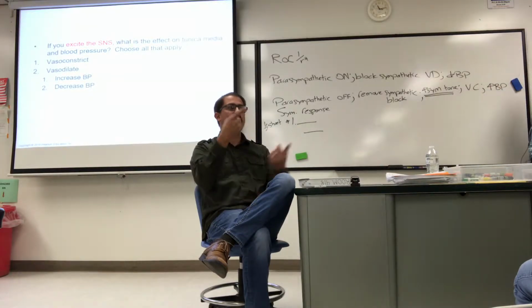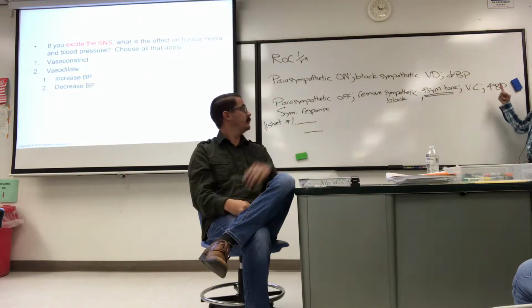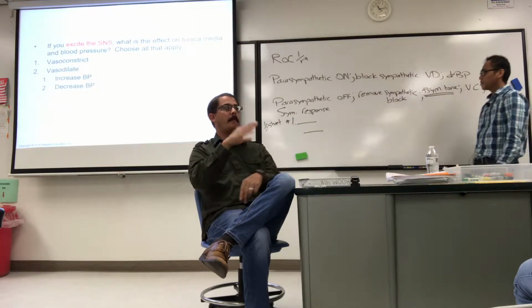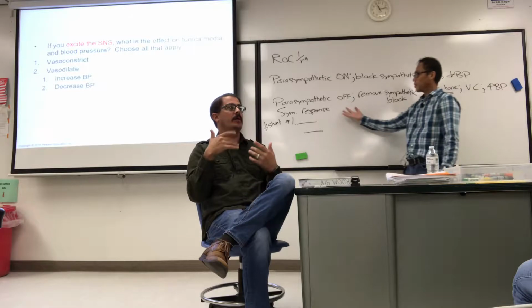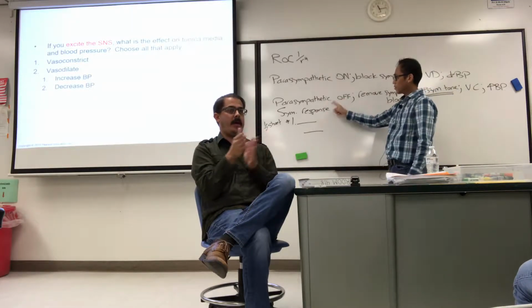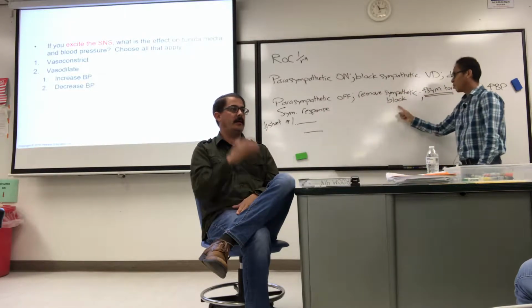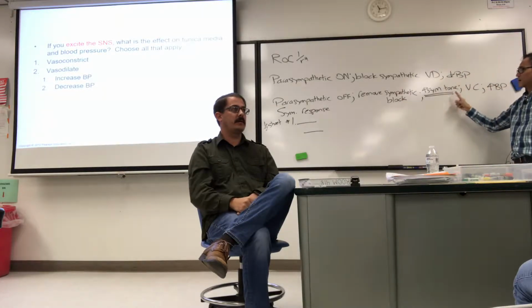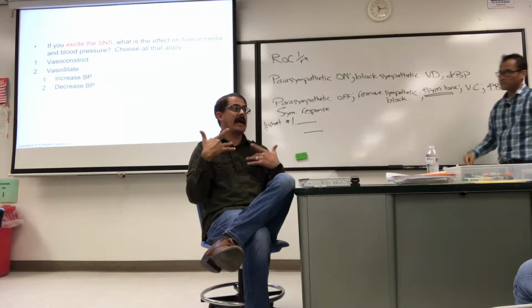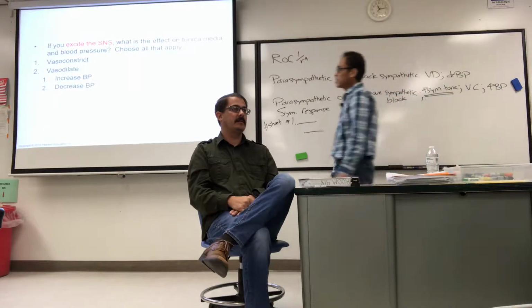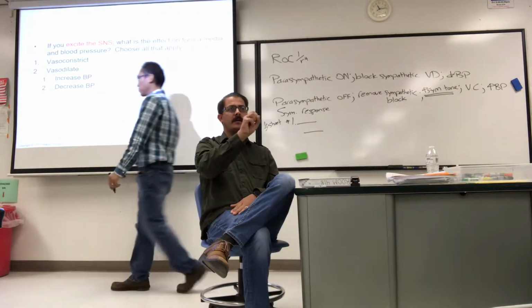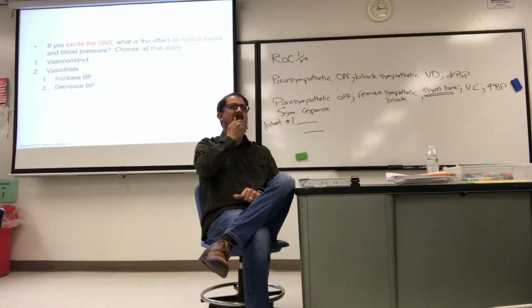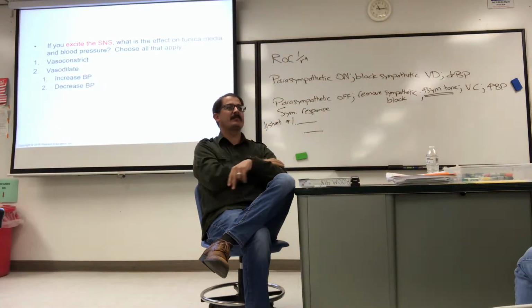So what happens? That's all I'm going for. To excite the sympathetic, I say it a different way here. There's a million ways to say the same thing. Turn that off, you're removing the sympathetic block. That's the same as saying, I'm excited. So the concept is the sympathetic nervous system will constrict and increase blood pressure.